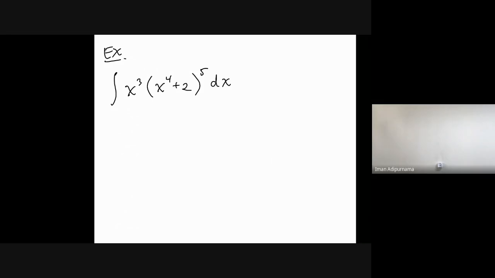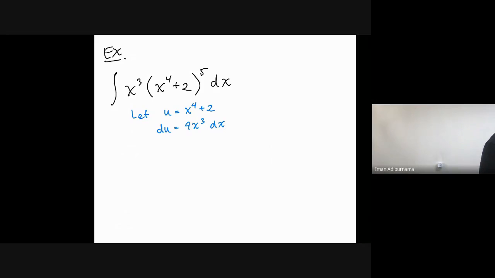If you differentiate x to the 4, it becomes 4x cubed, and in the calculation the x cubed will cancel. So let's make this whole thing, x to the 4 plus 2, become u. So let u equal x to the 4 plus 2, and we differentiate, giving 4x cubed dx.